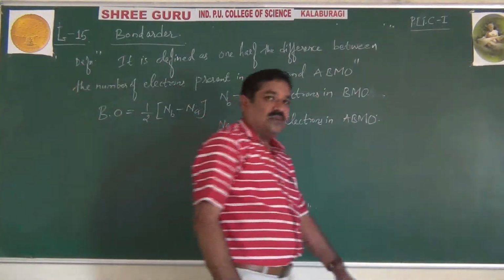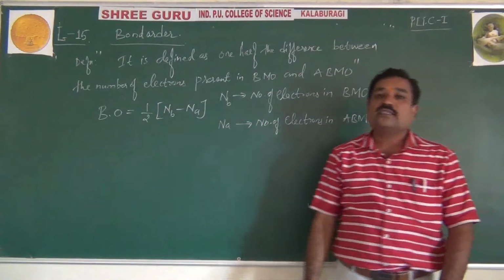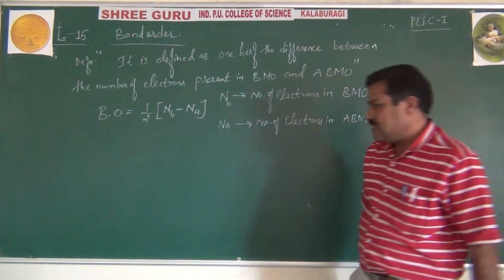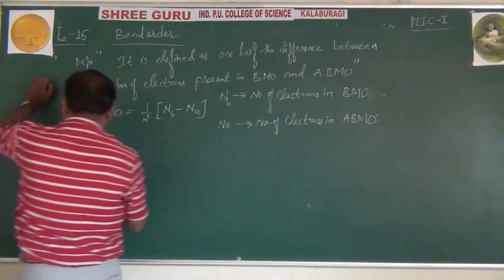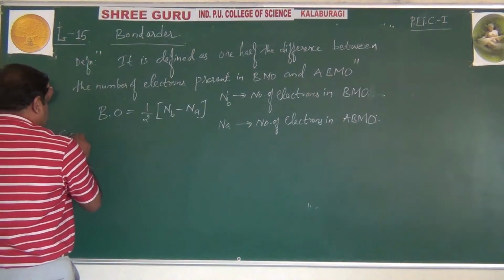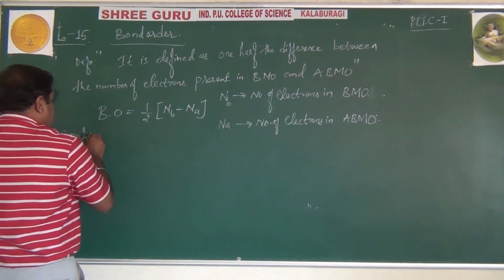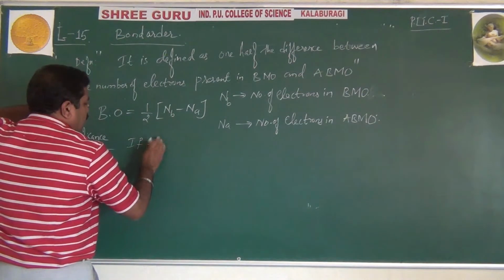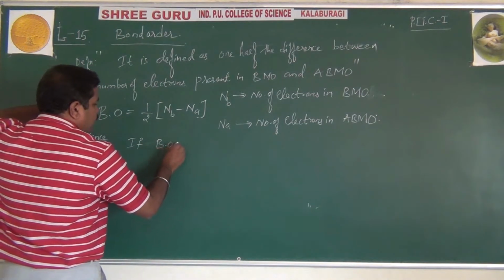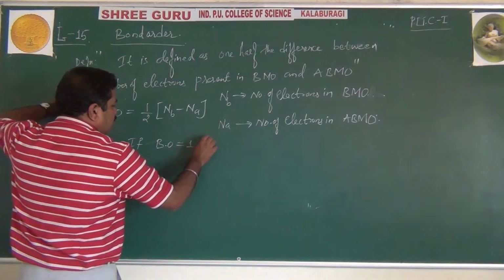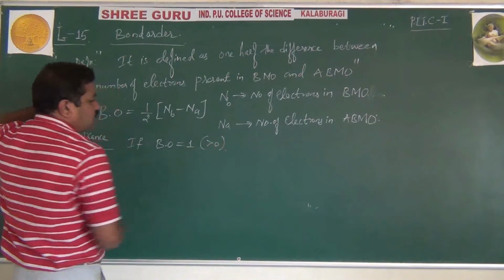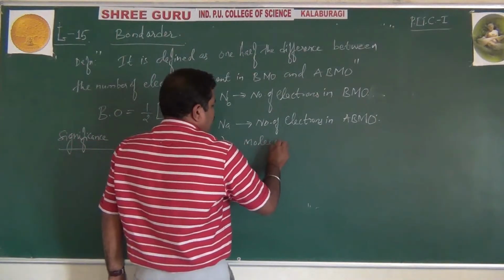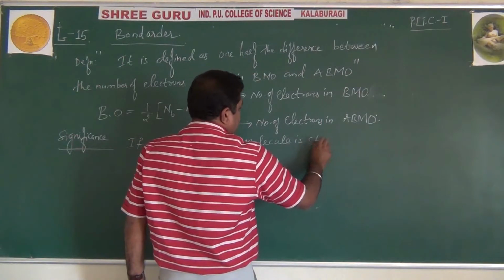So this bond order helps us in predicting the stability of a molecule. How does it help? Let us see. Significance or importance in predicting bond stability: if BO is greater than 0, that is positive, the molecule is stable.